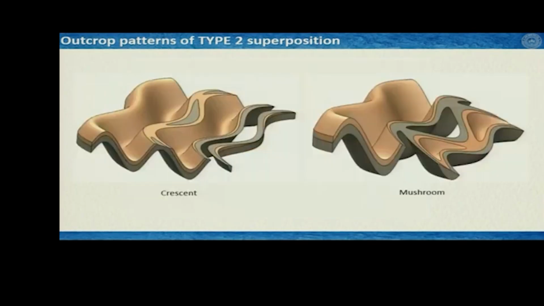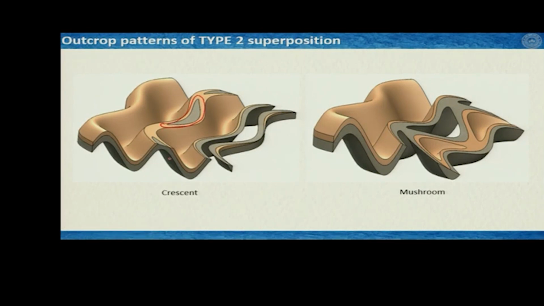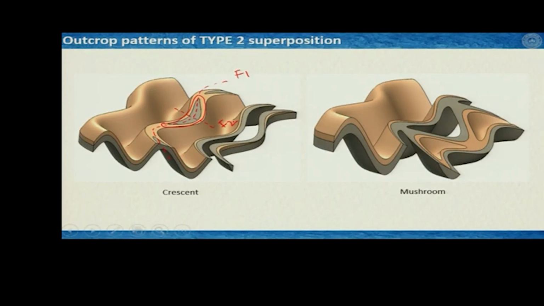However, you can see some excellent features when you make sections in different ways. So, this is typically a crescent shaped outcrop, where you can see the F1 is going like this and F2 is going like this, and this one is known as mushroom, as you can see from this typical shape.